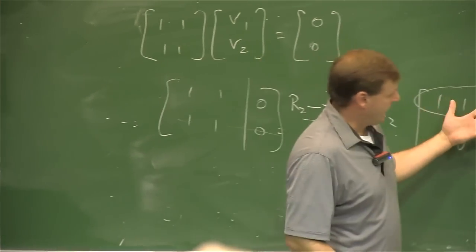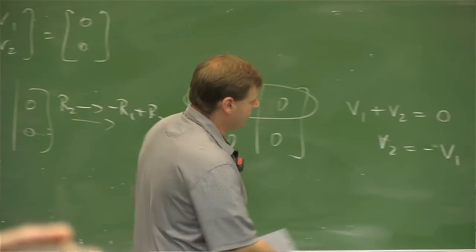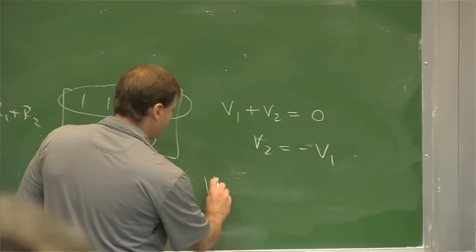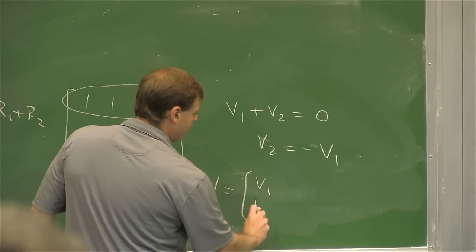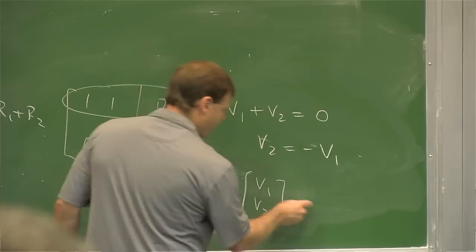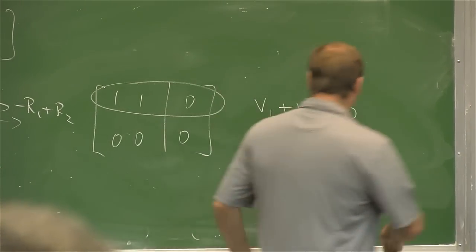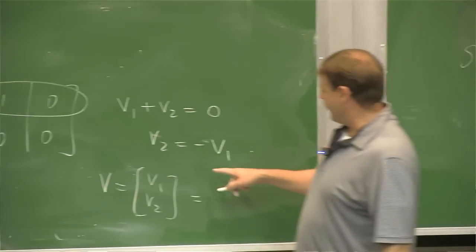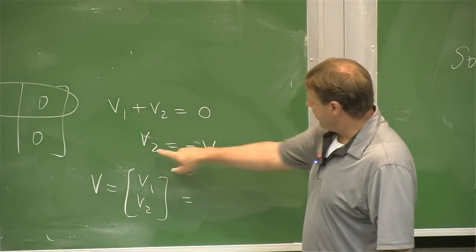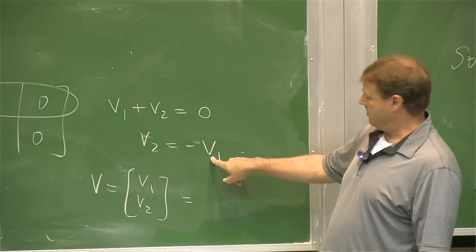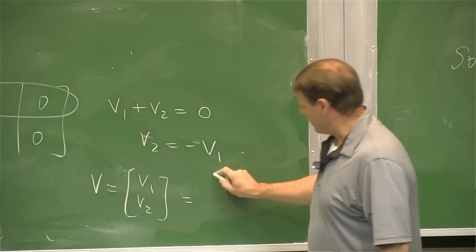So what happens is there's now infinitely many solutions. So let's write down our solution. I'm interested in v. v is equal to [v1, v2]. What have I found out about v1 and v2? Well, I found out that v2 is equal to minus v1, right? So let's just put that in.